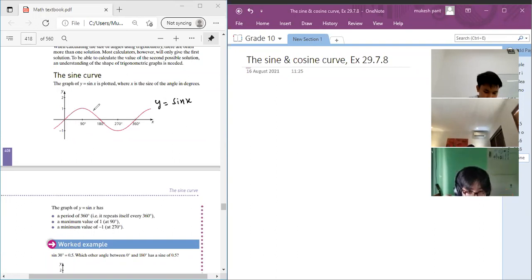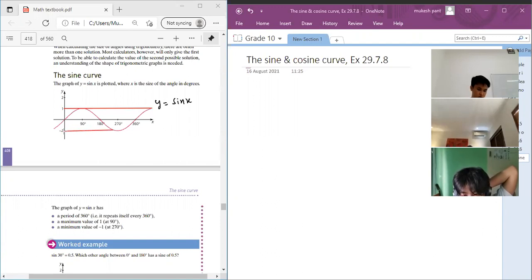we study the graph. You will know this graph is reaching a maximum of 1. I will show this point. And if I draw a line from this one, okay, so maximum 1, and let's check the minimum.